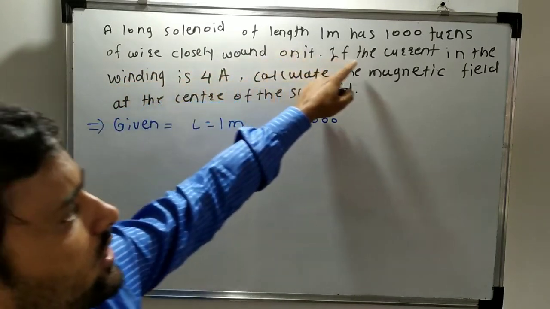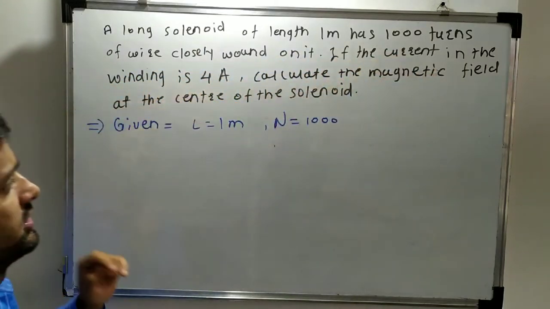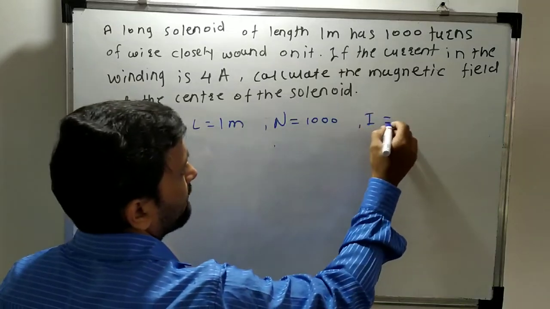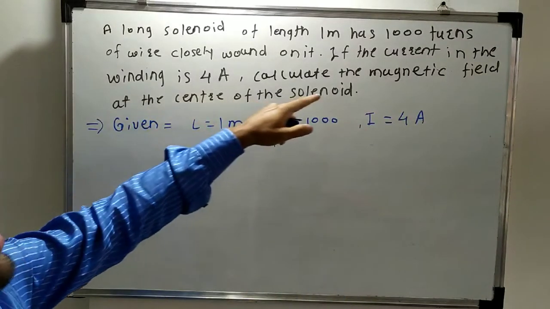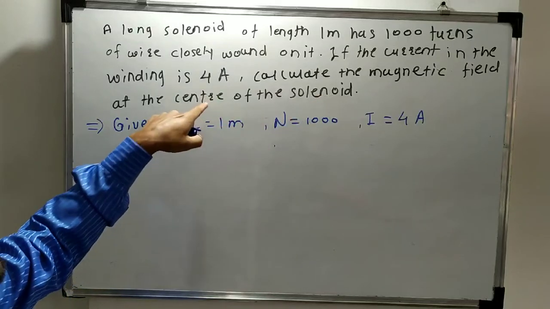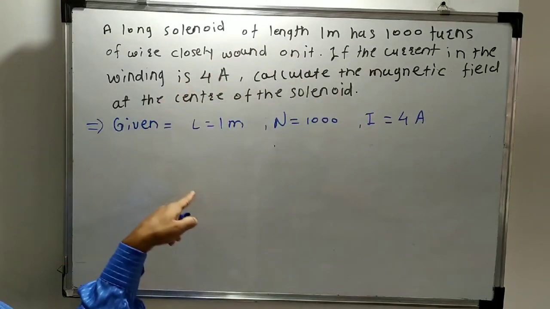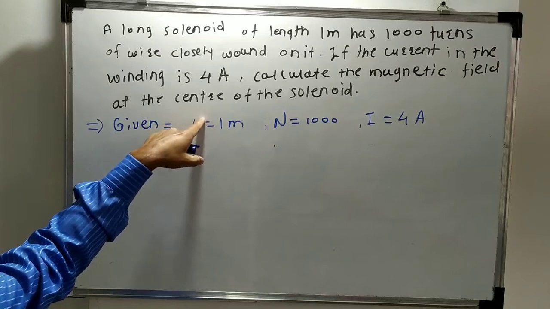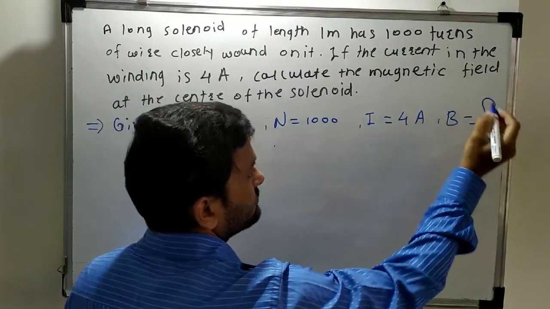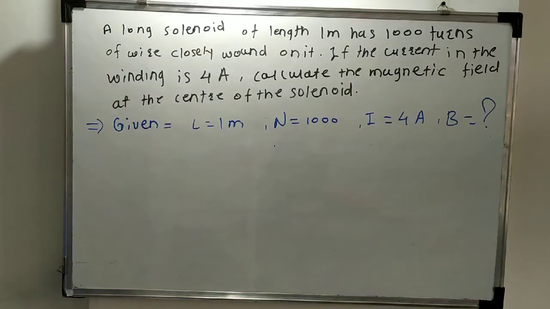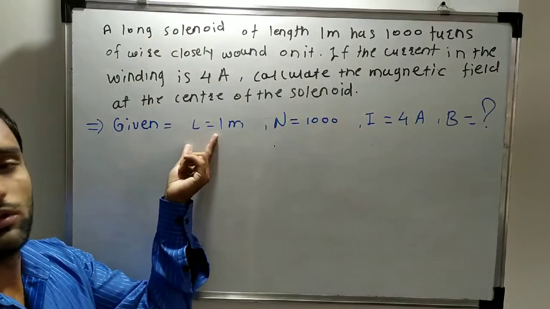Closely wound in it. If the current in the winding is I, it is 4 ampere. Calculate the magnetic field at the center, not at the end of the solenoid. So center is very important. What is the magnetic field? What will be the value of B? Here the number of turns is given, and length is given.